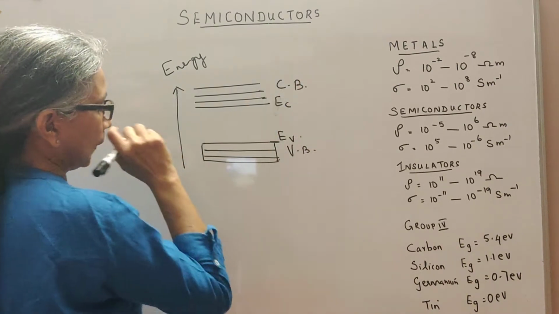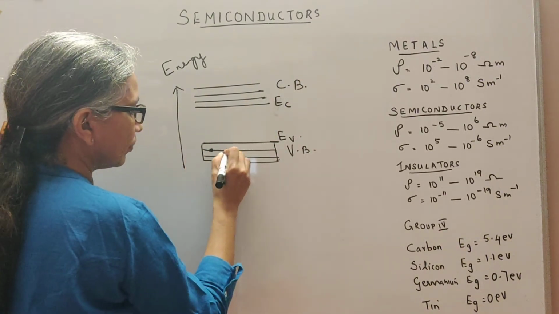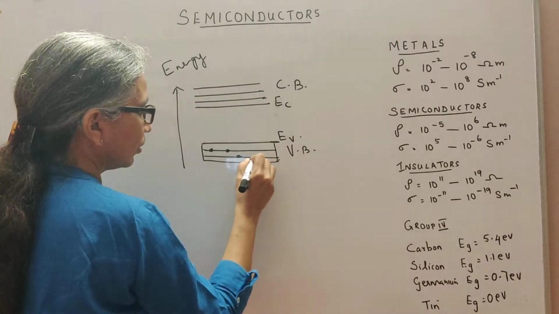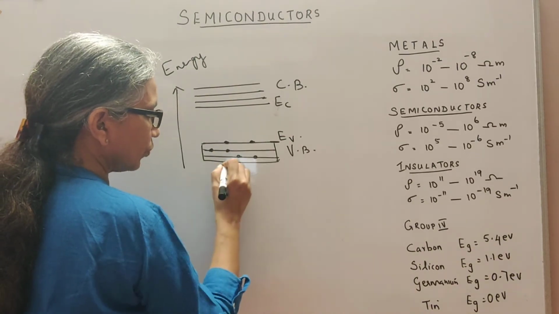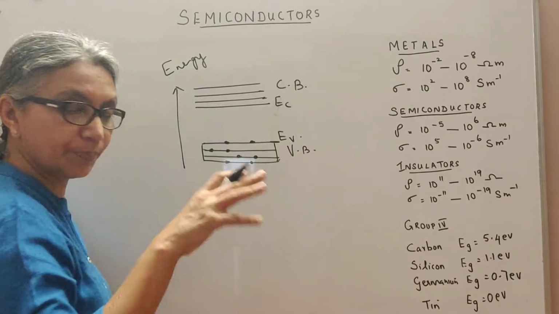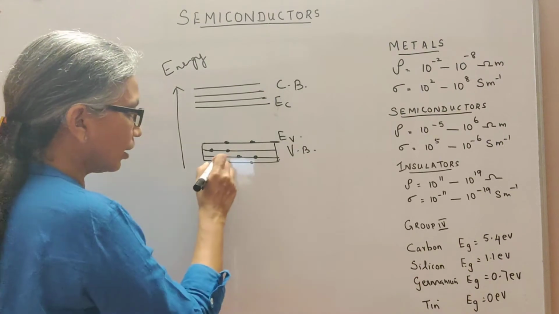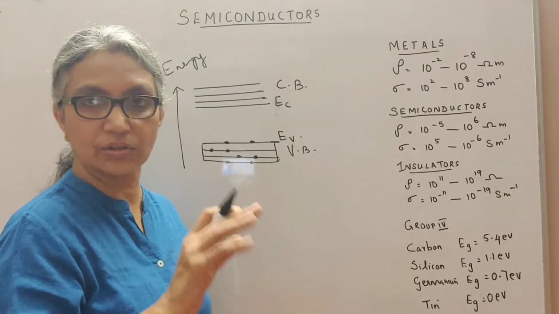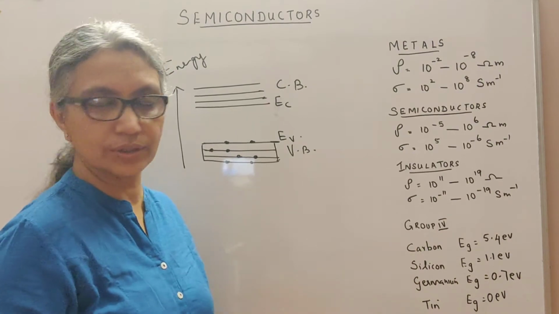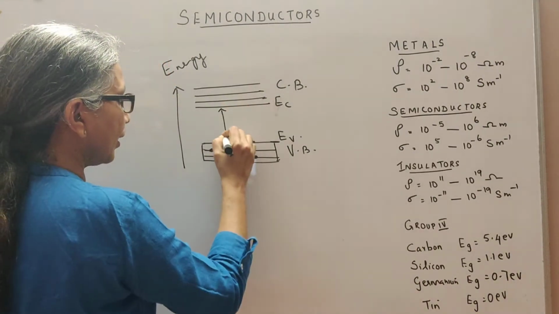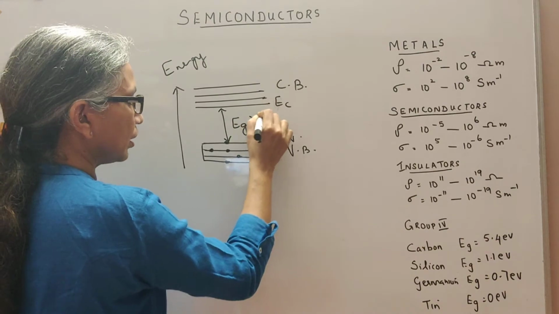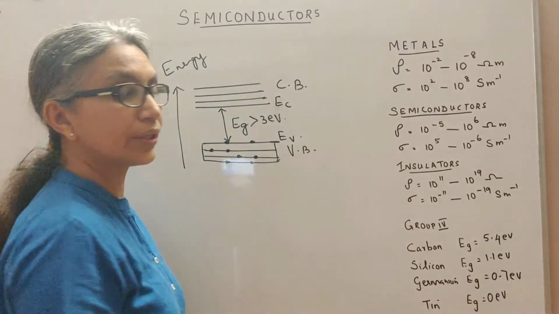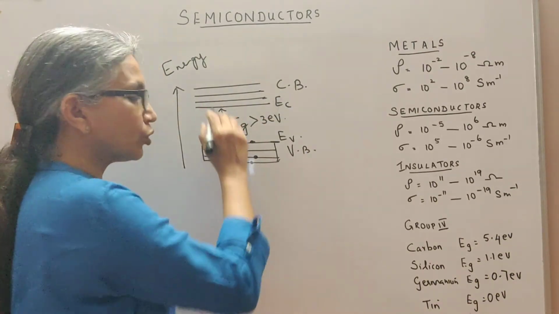Now the bound electrons are all here. Those electrons which are in the valence shell are bound to the nucleus and they appear in the valence band. So the valence band is completely full because all the electrons are bound. There are no free electrons. If the energy gap is greater than 3 electron volt, then this energy gap is too high.